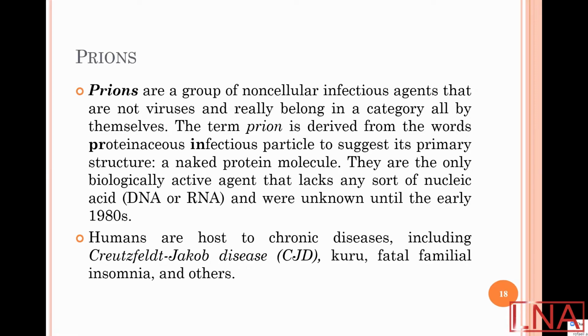It's not only a human infection, it's primarily an animal infection, and it was described in animals, but humans are also hosts for similar chronic diseases, including Creutzfeldt-Jakob disease, Kuru, fatal familial insomnia, and some others.